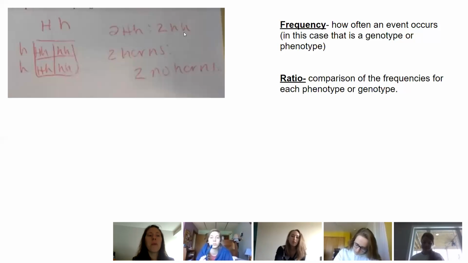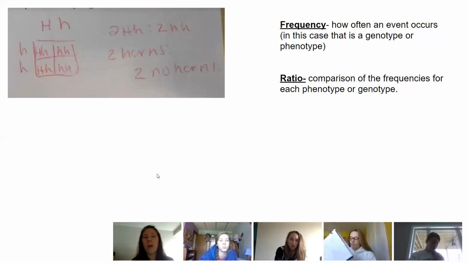So just to clear up, if you weren't sure when it was asking for the ratio exactly how you should write the answer, that's what we're looking for. Sometimes problems like this will also just ask for what is the percent. And then, of course, instead of writing this ratio, you could write 50% horns or a 50% chance of not having horns. So that would be completely fine.